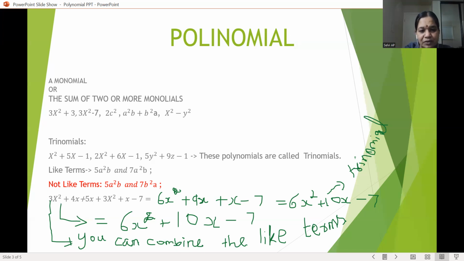So there is a conflict because the exponent values are the same, but the base variables are not the same. Then you check the second variable of the first term is b, the second variable of the second term is a. Here also it doesn't match. So this is known as not like terms.